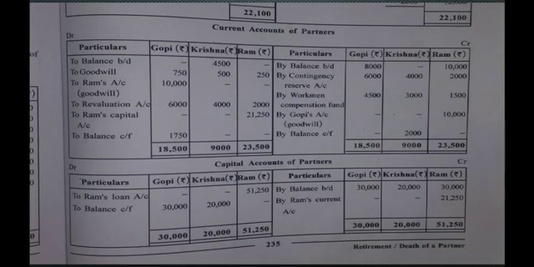Here you can see current accounts credit side, contingency reserve and workman compensation fund in old ratio, all the three partners. This is not a new concept, so there is no need to repeat this again and again. By now you should be aware of this.